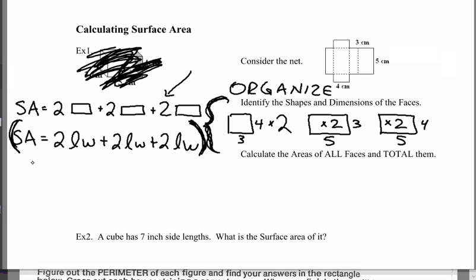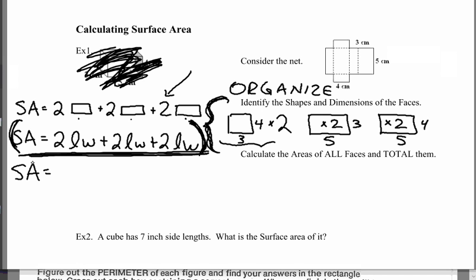I don't want to see, oh, I'm going to go LW times 2 here and then LW times 2. I don't want to see everything scattered around. An expectation for surface area is being able to create one equation for the situation. 2 rectangles plus 2 rectangles plus 2 rectangles. There's the equation, and then I expect to see a substitution step.